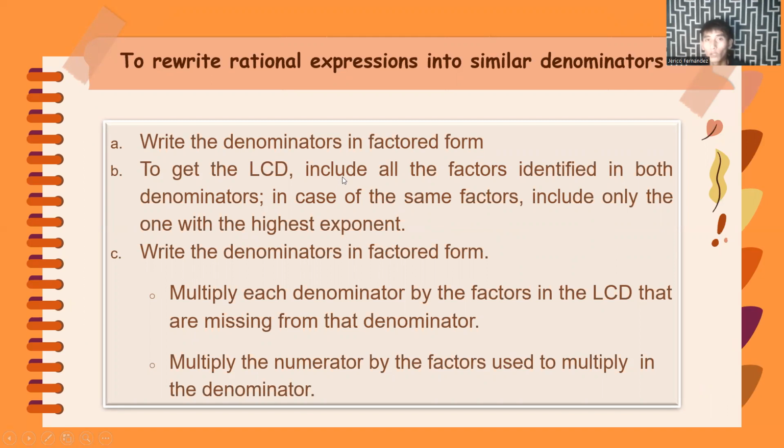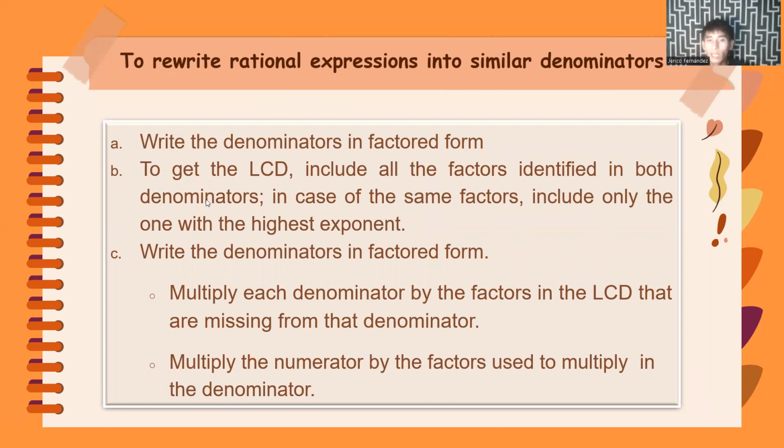And then, to get the LCD, we will just combine all the factors of the first expression and the second expression, but if a factor is the same, we will just put it once.